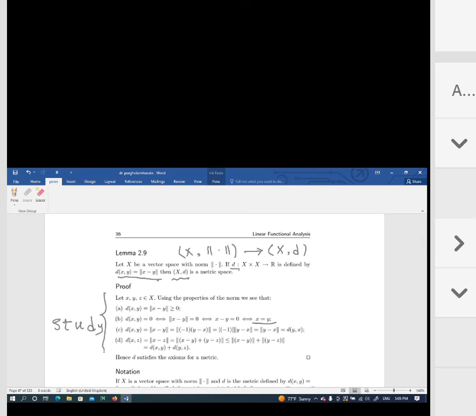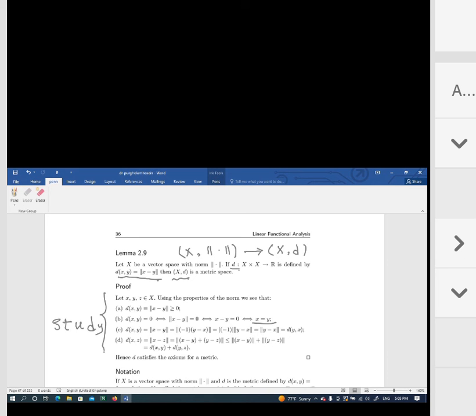For proving this lemma, we should show that d(x, y), defined by the norm of x minus y, has the properties of a metric.